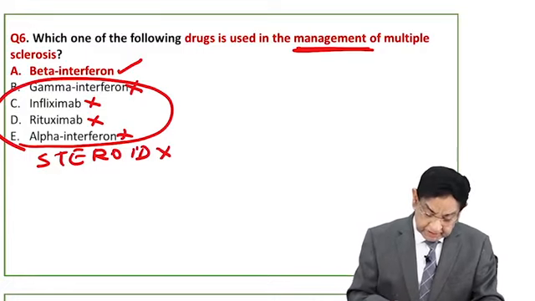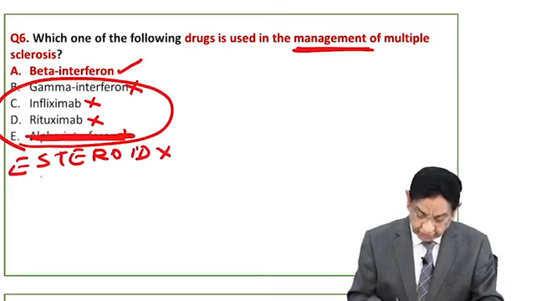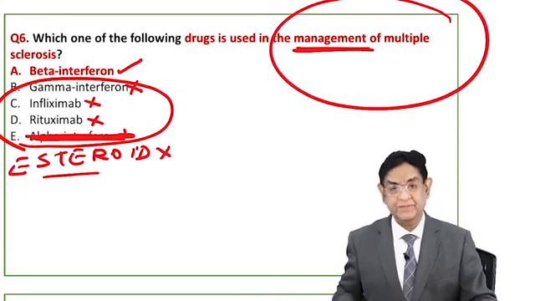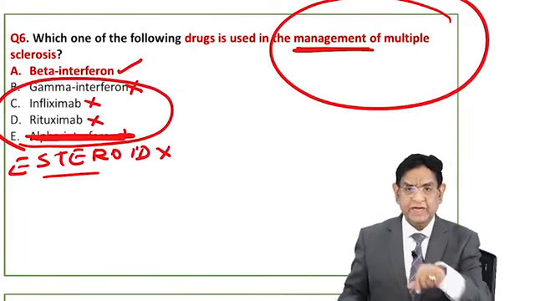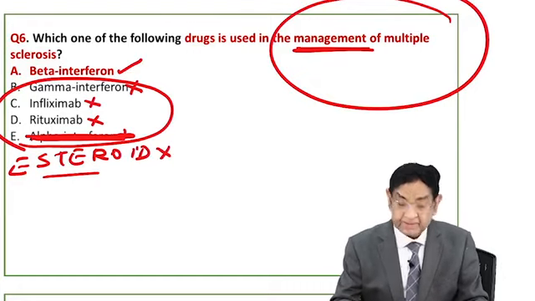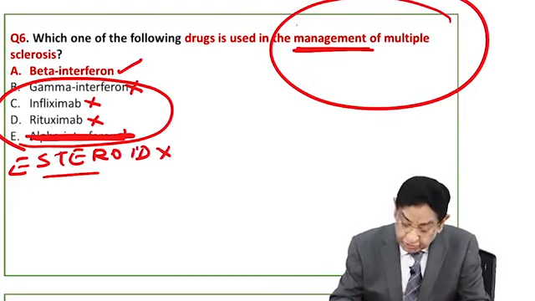But now suppose in place of alpha interferon, option E was steroid, what to do? Then he would not have asked you this question. Then the question would have been management of multiple sclerosis, and it would have been acute management.